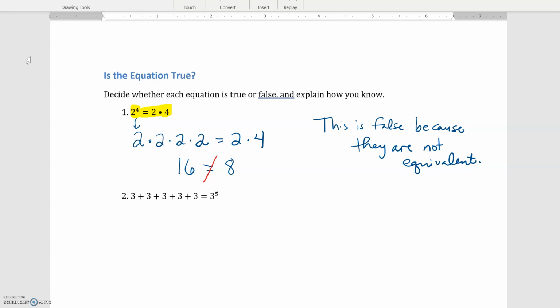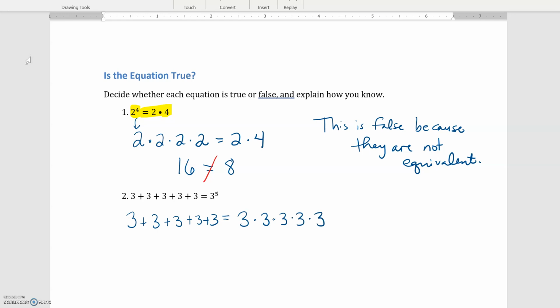Let's look at number 2. It says 3 plus 3 plus 3 plus 3 plus 3 is equal to 3 to the 5th power. Is that true? Let's ask ourselves by first rewriting this without the exponents. So 3 to the 5th stands for 3 multiplied by itself 5 times.